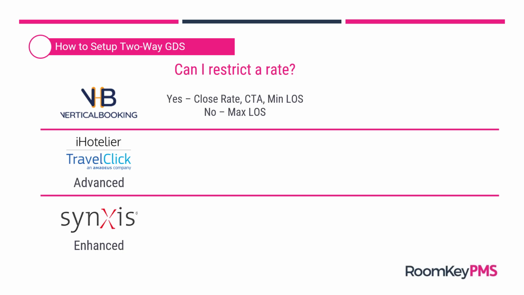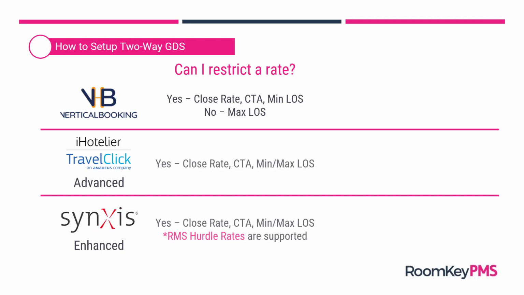Now, for the other two connectivity partners, iHotelier Advanced and SynXis Enhanced, yes, you do have the ability to do all three restrictions, including minimum and maximum length of stay. And we do actually have a little bit extra with the SynXis Enhanced connectivity partner. If you are working with any RMS or rate management software, such as Ideas or Duetto, that are connected with RoomKey, you have a tool called Hurdle Rates available on Ideas and Duetto.